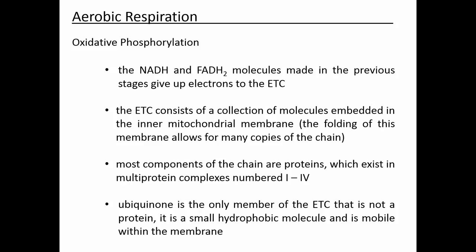The NADH dehydrogenase complex, the cytochrome BC1 complex, and cytochrome oxidase are not only components of the electron transport chain, they're also hydrogen ion pumps.